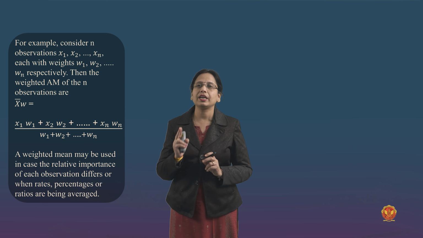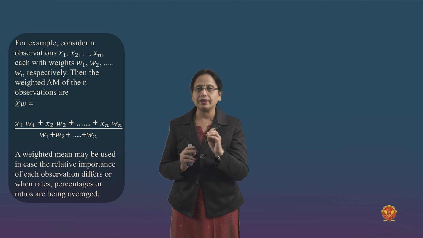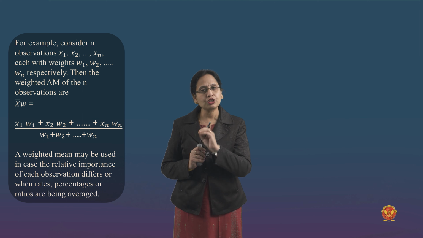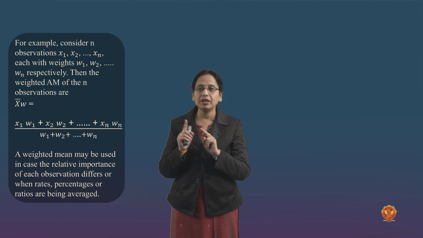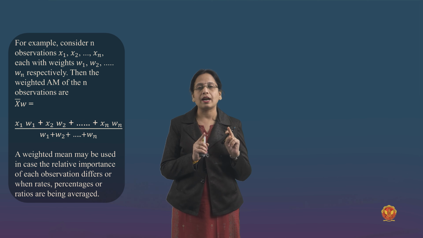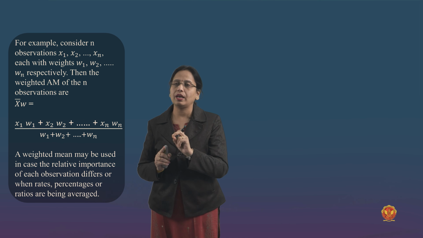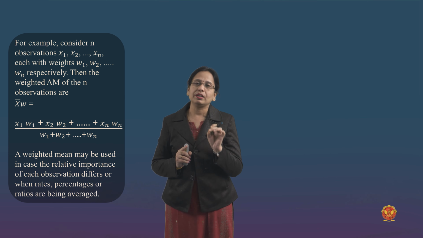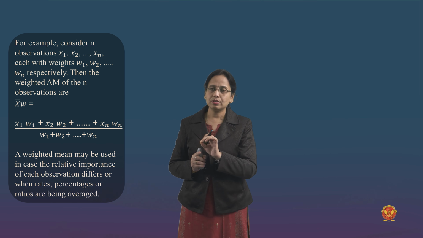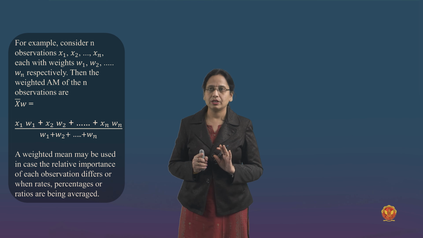The second type of arithmetic mean we talked about was the weighted mean, where we are provided with the weightage of each observation. The formula is in front of you, where w1, w2 stand for the weightage of x1 and x2 and so on. Simply multiply the weightage with the values and divide by the sum of the weightage.